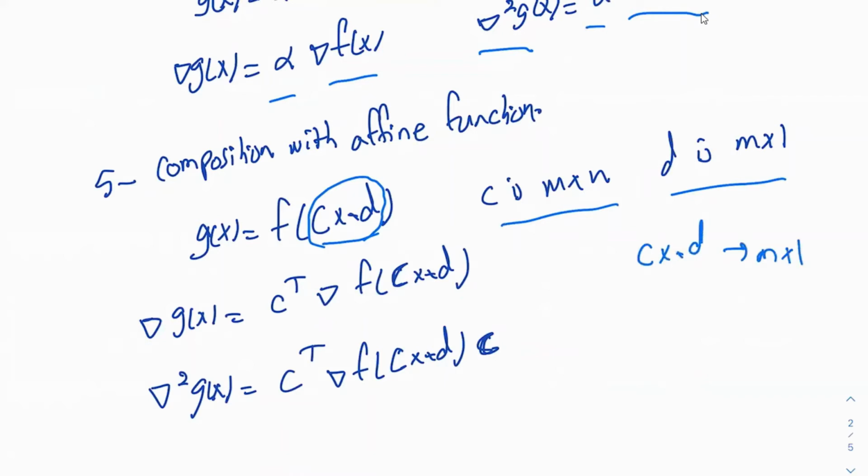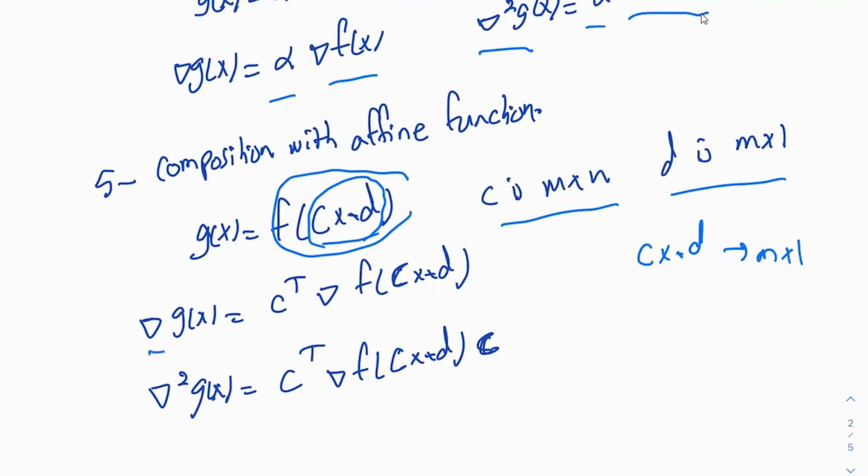So now the argument inside f is n by 1. So the gradient of f is going to be m by 1.